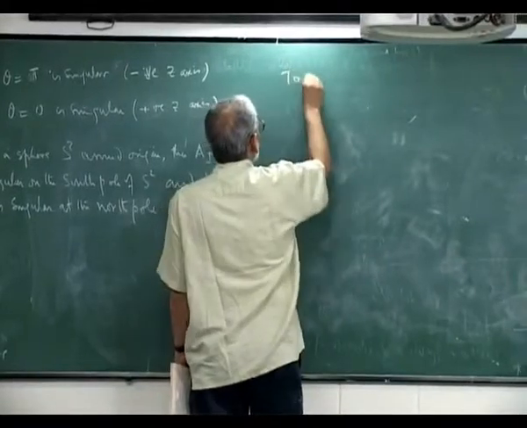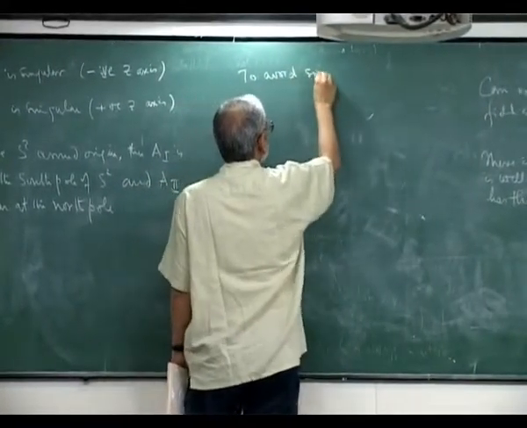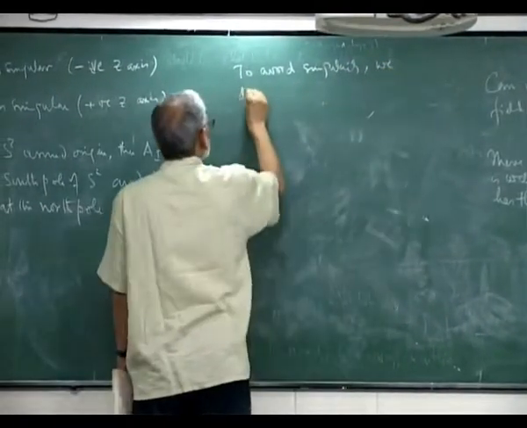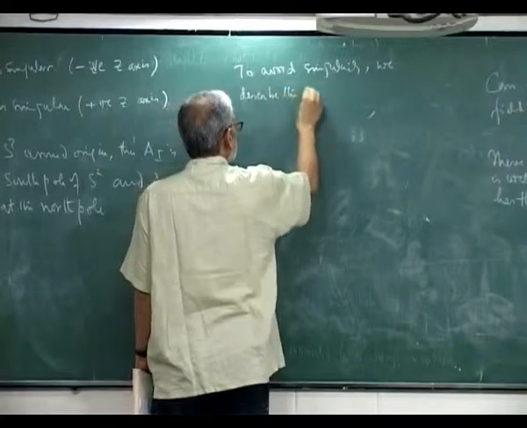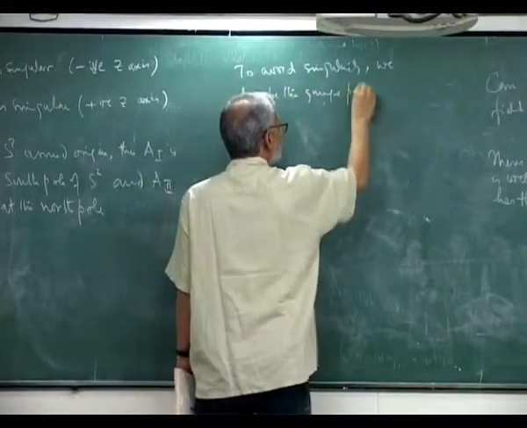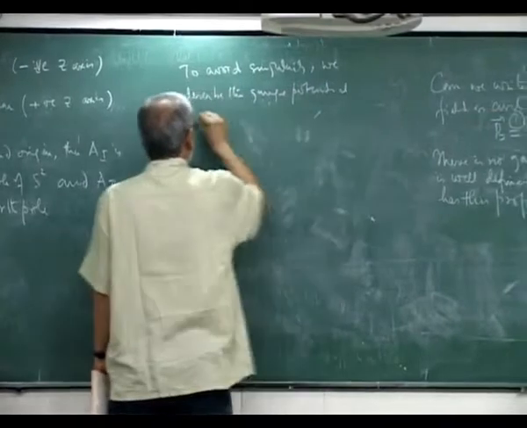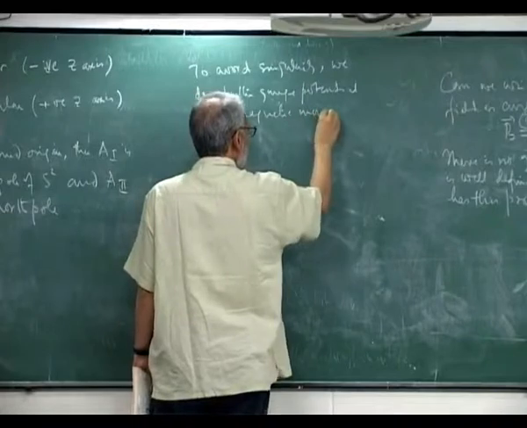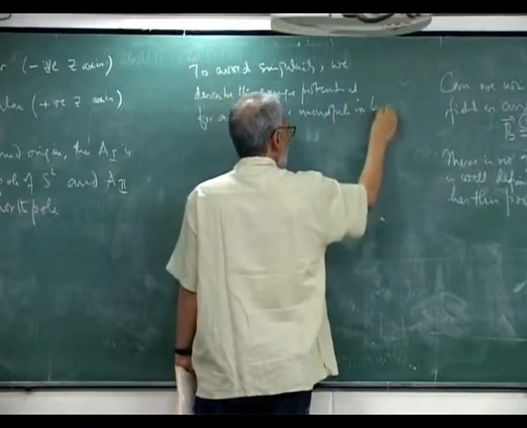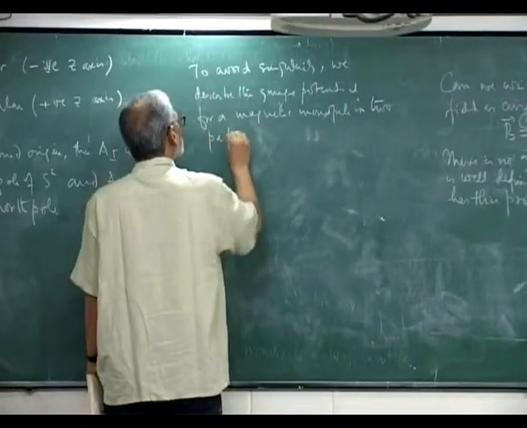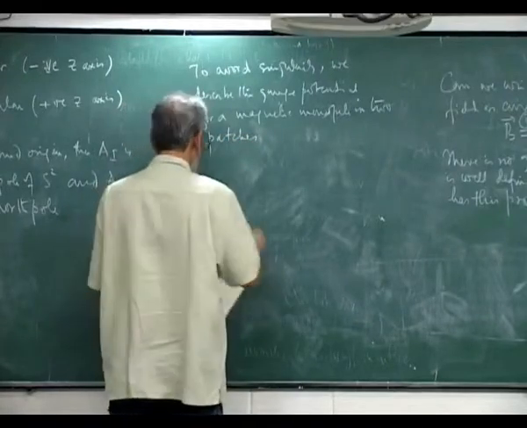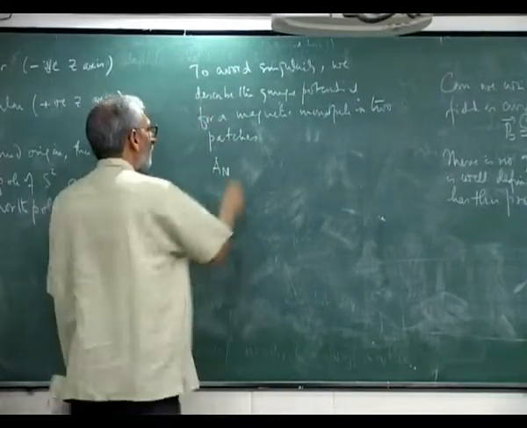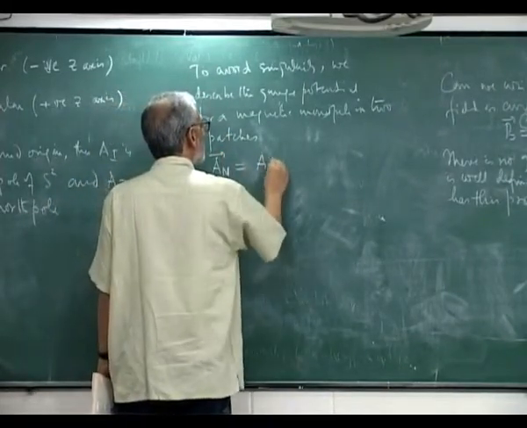So to avoid singularities, we describe the gauge potential for a magnetic monopole in two patches. The northern hemisphere by A1.